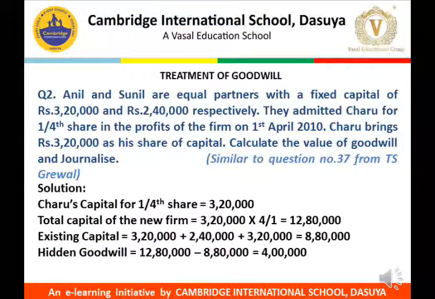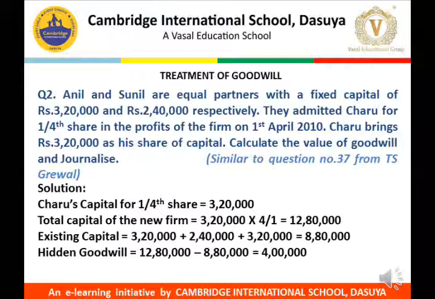Students, the next question is from the topic treatment of goodwill. Question number 2 is: Anil and Sunil are equal partners with a capital of rupees 3,20,000 and rupees 2,40,000 respectively.